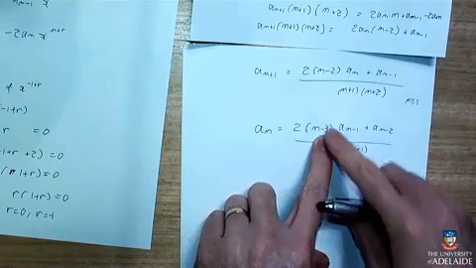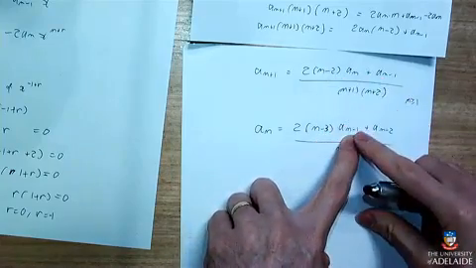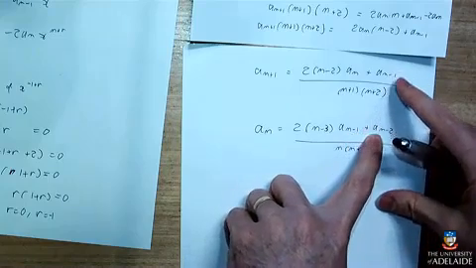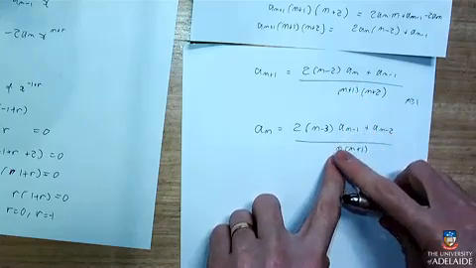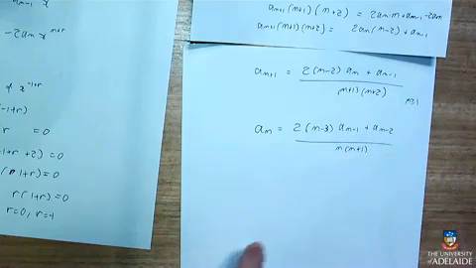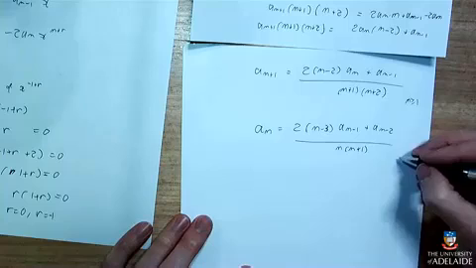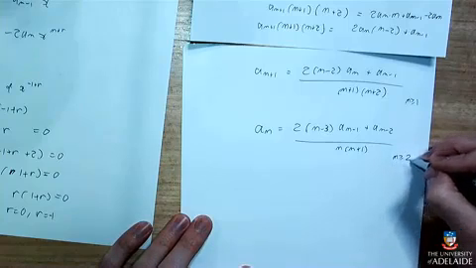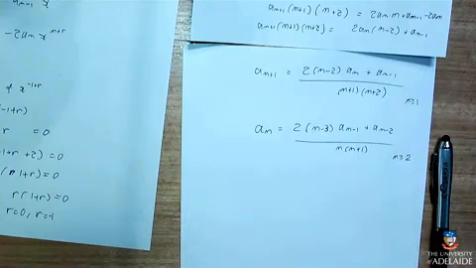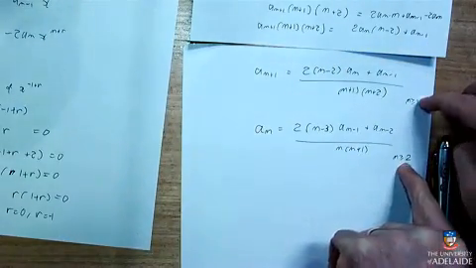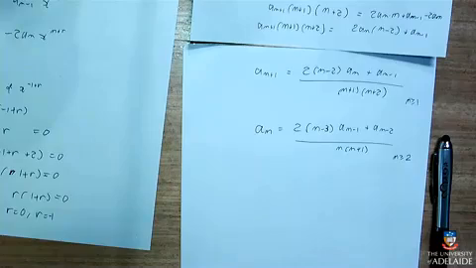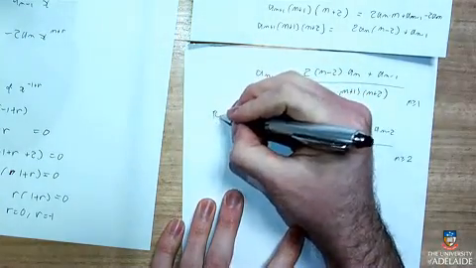So minus 2 went down to minus 3, m went down to minus 1, m minus 1 went down to m minus 2, m plus 1 went down to m. Cool. And this would be m greater than or equal to 2. So these m's went down by 1, and this went up by 1, so that it comes out to the same thing. Okay, so there's my recurrence relation.